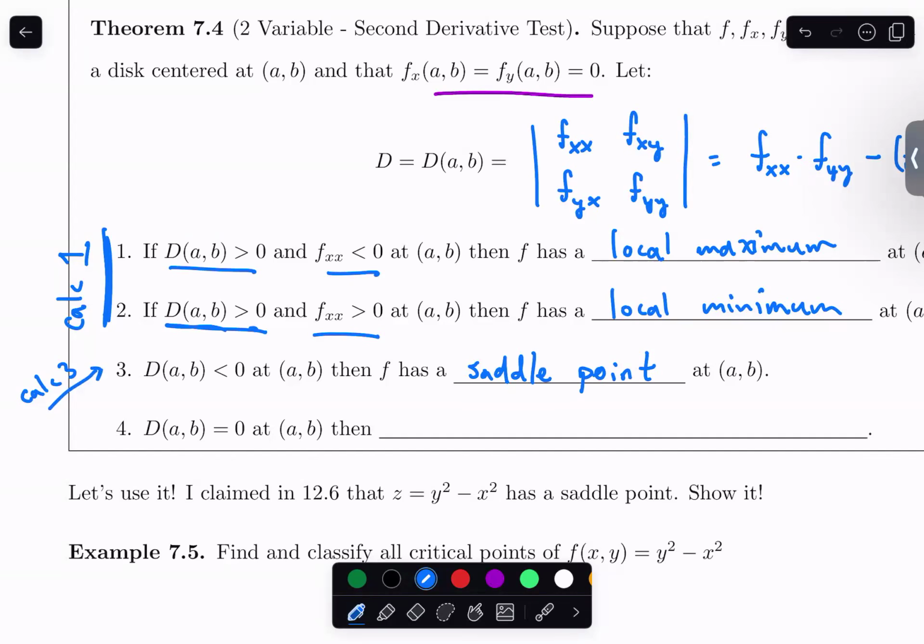And then lastly, just like in Calculus 1, the second derivative test has this annoying thing that it doesn't know everything, that there can be sufficiently complicated functions out there that it doesn't know if they have minimums or maximums. And that happens when this D is 0. So if this determinant is 0, then the test is inconclusive.